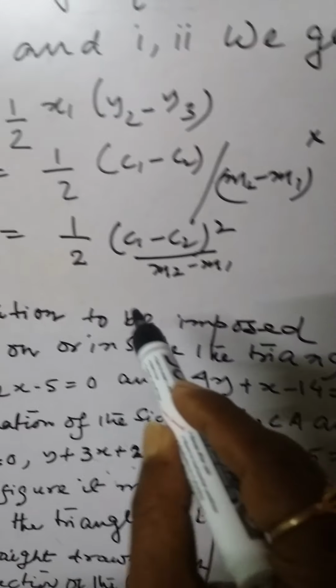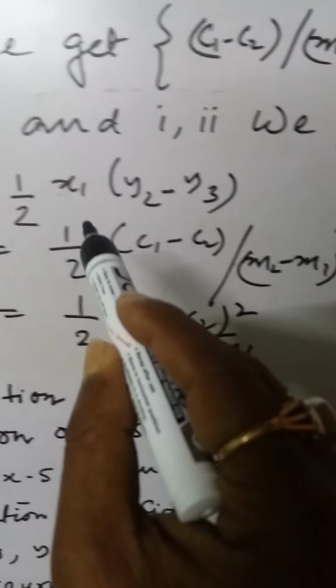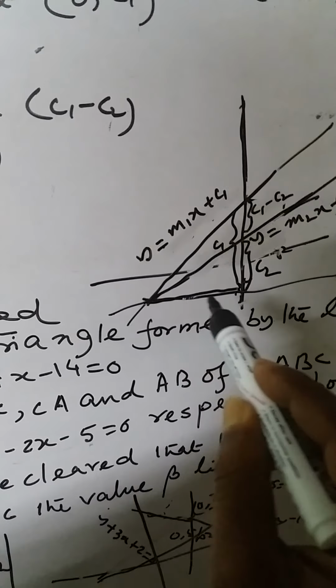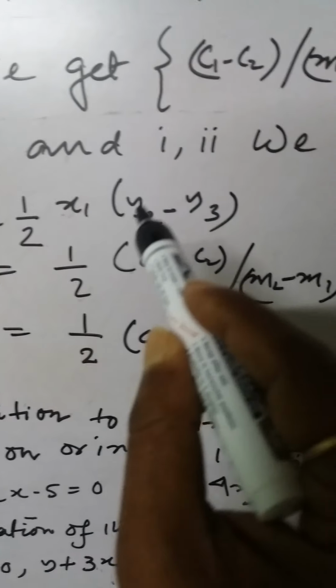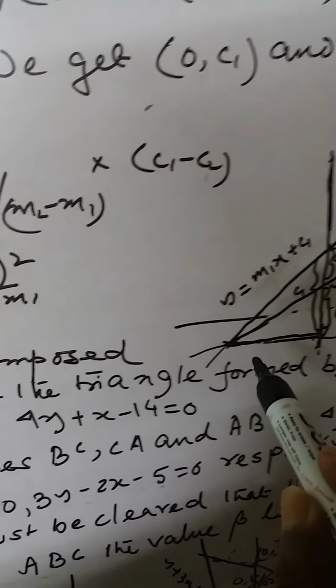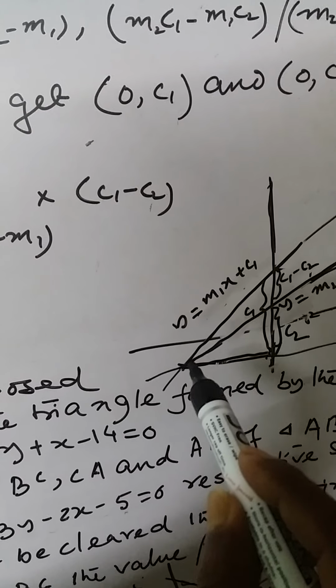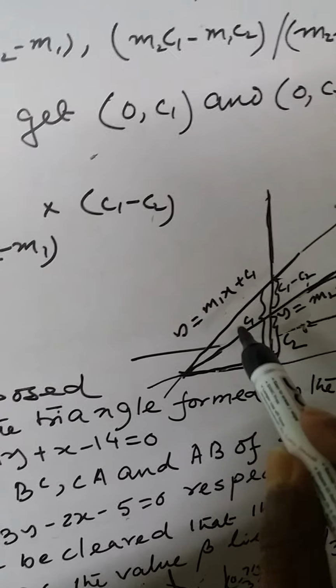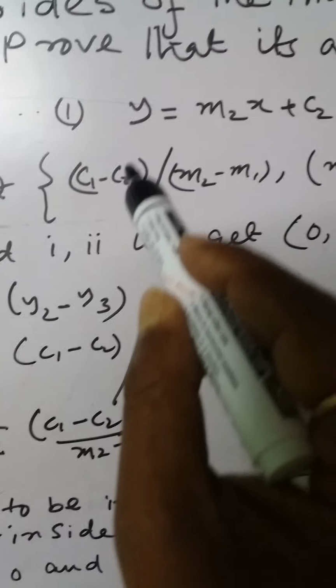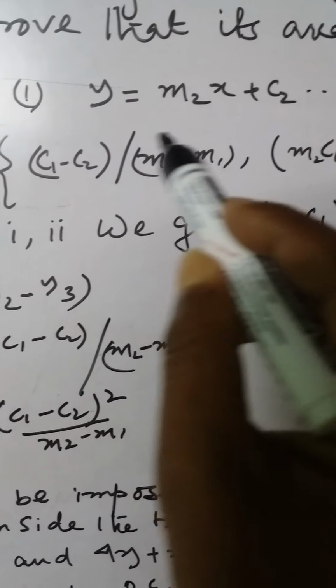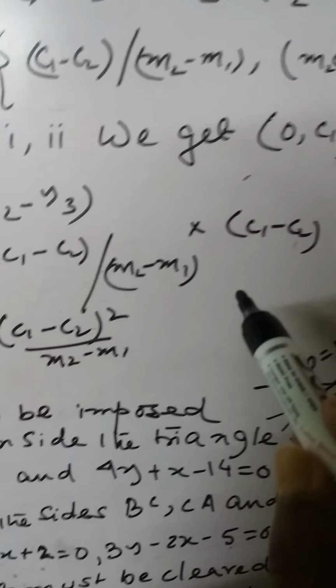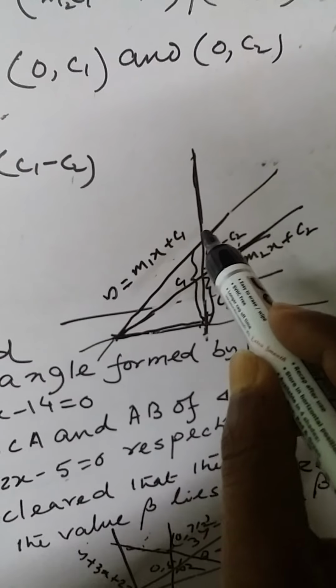So the area of the triangle is half x1 (y2 minus y3). From where do we get the x1? From solving this we get x1, and y2 minus y1 is c1 minus c2.